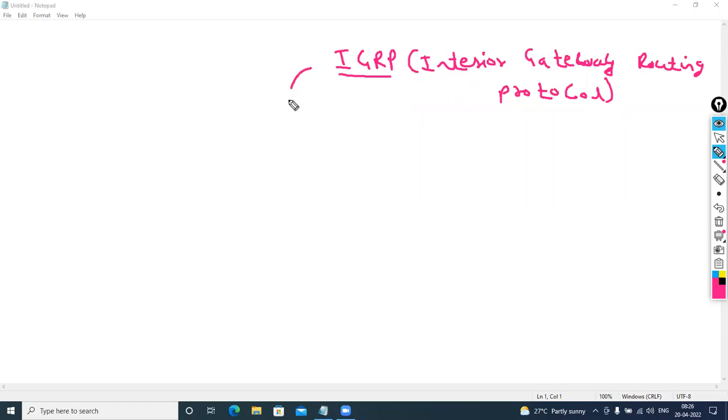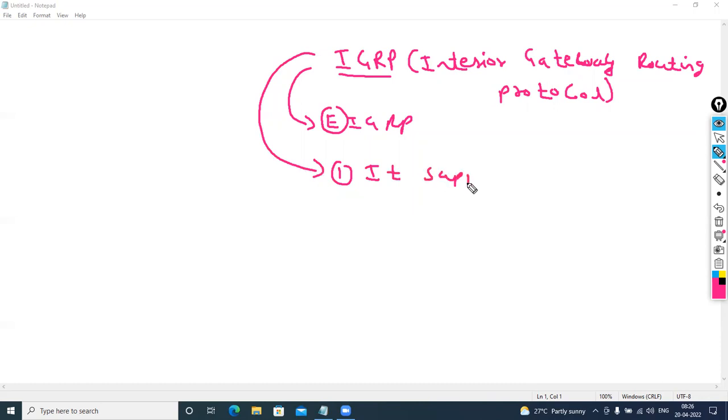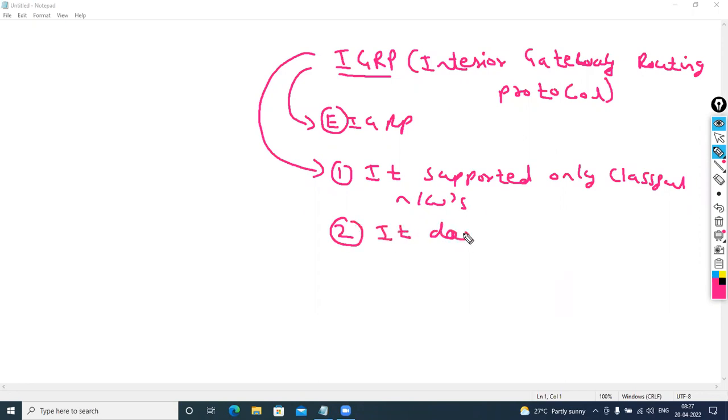Now the question is why they came up with EIGRP. It is enhanced. Why? Any idea? Because IGRP supported only classful networks. The second major disadvantage was it doesn't support authentication.